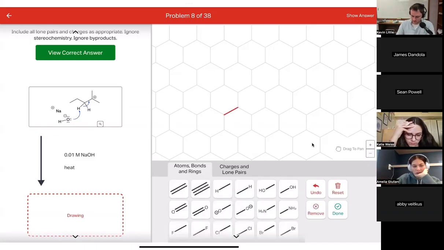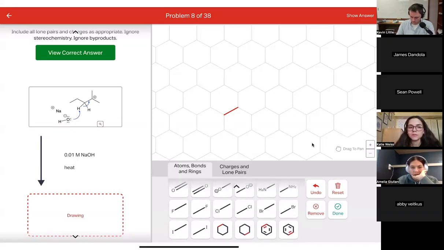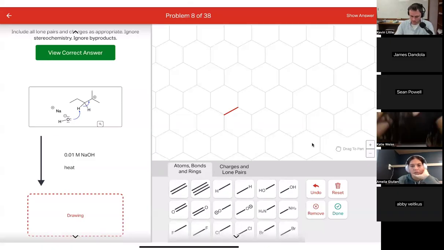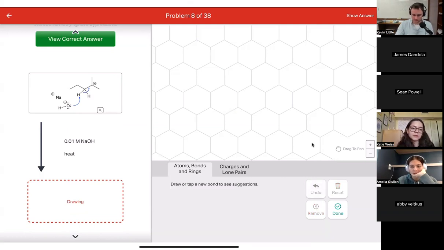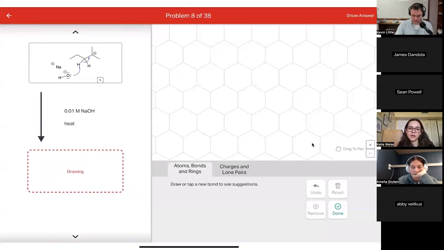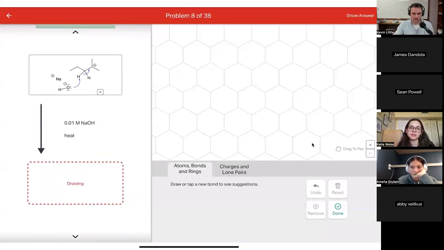Yeah, for these active problems, unfortunately, I can't control that. Ideally, the product would have a water where that O has bound to the H, showing that the O has bound to an H. This problem is taken from another unit where they're focusing on the carbon-carbon and assuming you know what the mechanism is saying, but I want you to know there should be a bond between that oxygen and that hydrogen.